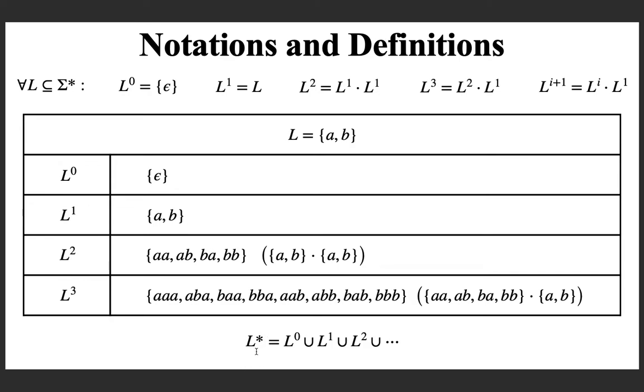The star closure means L concatenated with L 0 or more times. If you take the collection of all such powers of L, including L to the power 0, you are getting the star closure of the language.